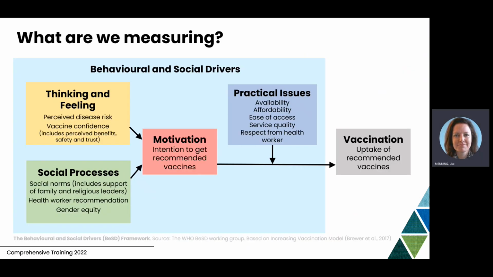So what are we measuring? We have four main behavioural and social drivers that contribute to vaccine uptake. The first is thinking and feeling. And this is where we situate attitudes or vaccine confidence, and that includes the perceived benefits, safety, and trust in vaccination.